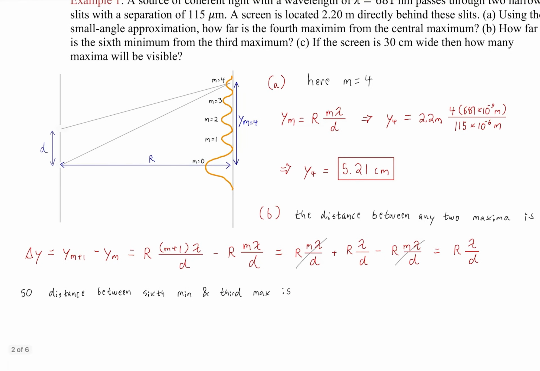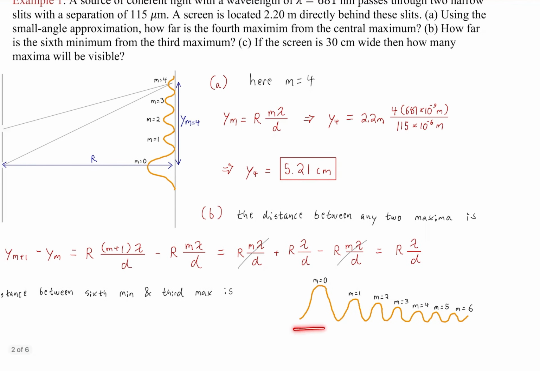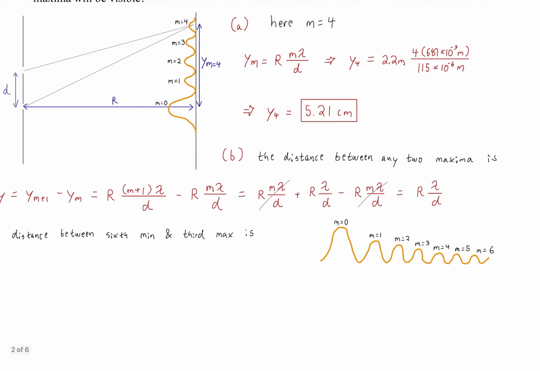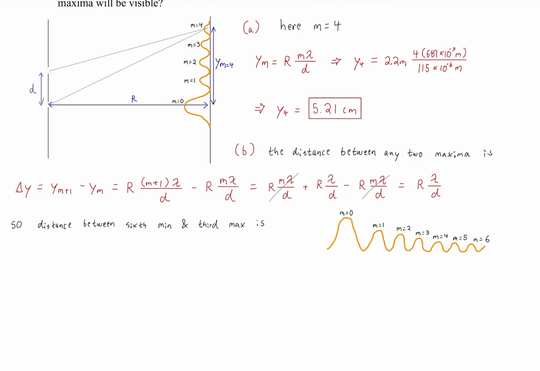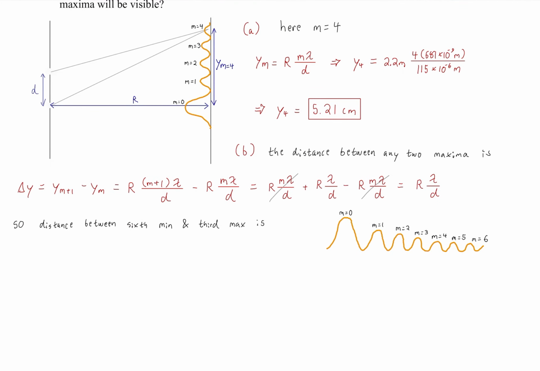So the distance between the sixth minimum and the third maximum can be thought of with this little picture here. Here I've just drawn more of them without the rest of the dimensions shown. So we got our central one, or our 0th order, all the way up to m equals 6 over here, right? Okay, and they get decreasing in magnitude for reasons of increased distance and the idea that intensity falls off with the square of distance.